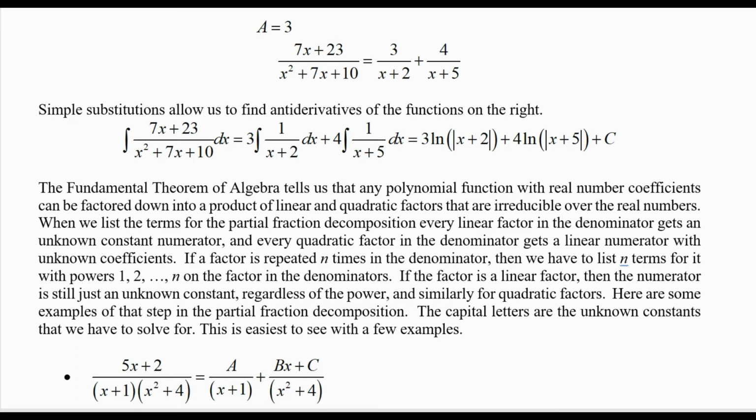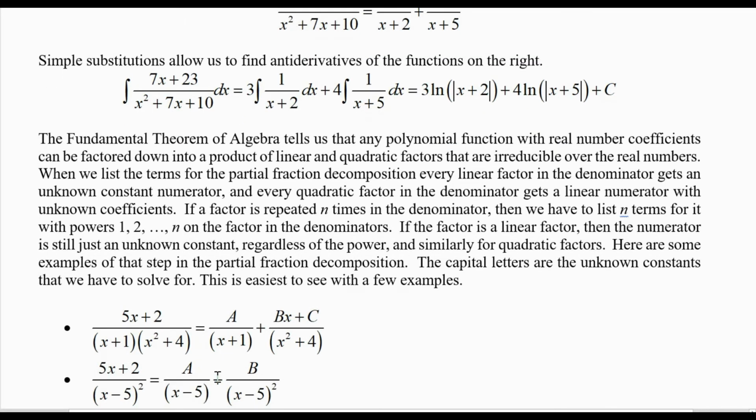The x + 1 has a constant on top. It has to be a proper fraction, so it's going to have just a constant on top, so it's A over x + 1. And the quadratic factor on the bottom is x² + 4. The numerator has to be a smaller degree, so it could be a linear factor. It could be Bx + C. So we got 3 unknowns to solve for there.